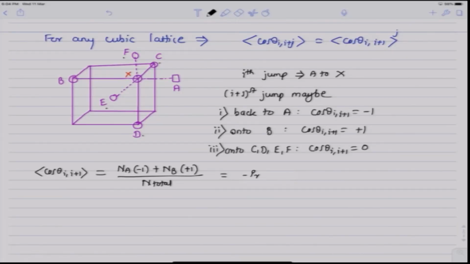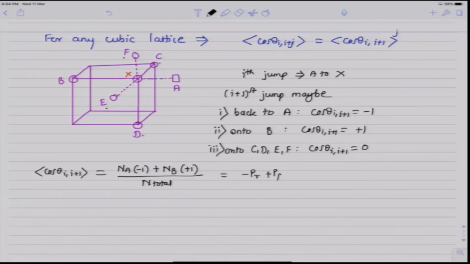So, this becomes minus P_R. Similarly, n_B by n_total is the probability that an atom makes a forward jump. Let us denote it by P_F, plus P_F. So, we get the average of cos theta i+1 equal to P_F minus P_R.